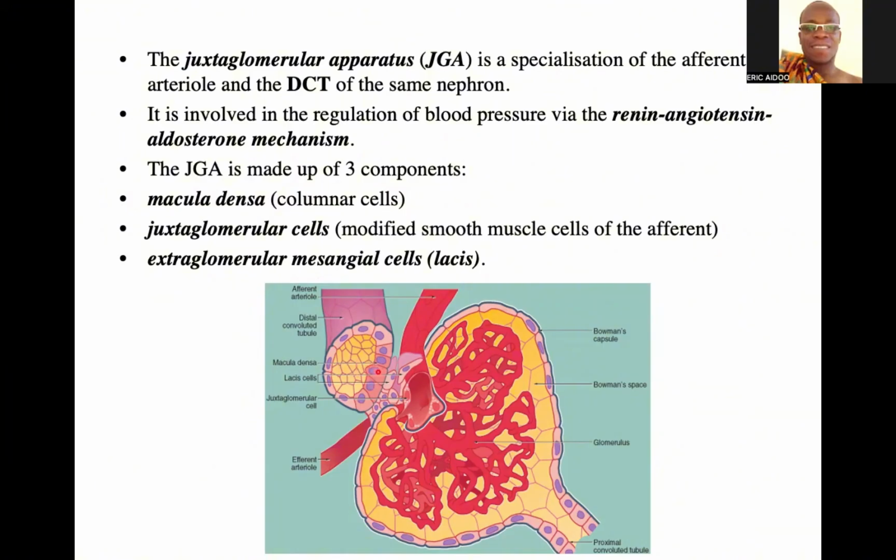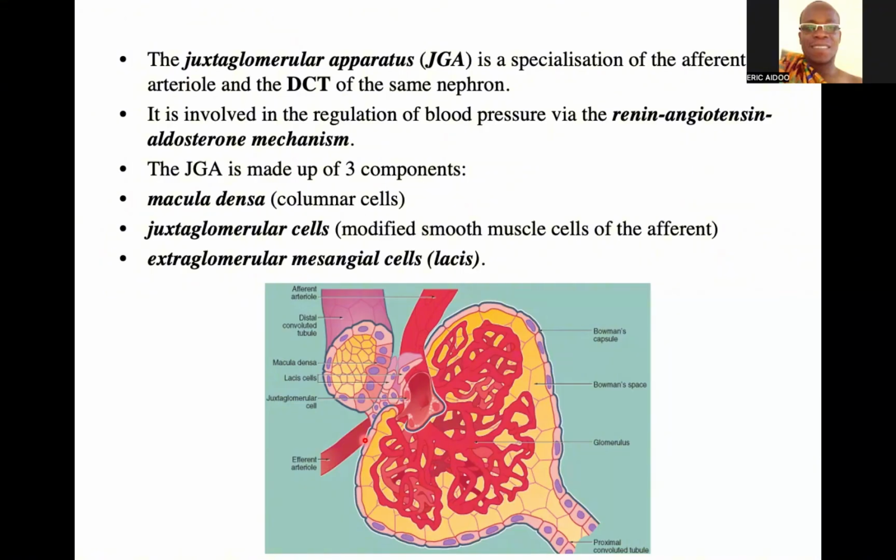So that is the macula densa cells here. Then you find the juxtaglomerular cells. These will be lacis cells. Those lacis cells are found between the distal convoluted tubule and, for that matter, macula densa cells and that of the afferent and then efferent arteriole.